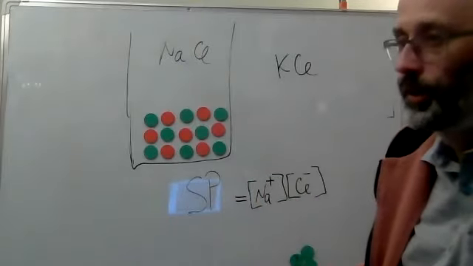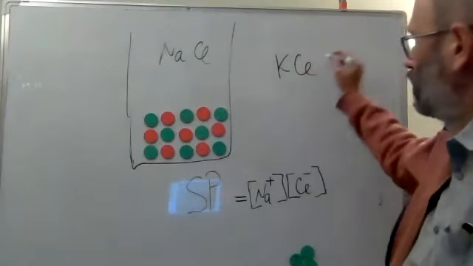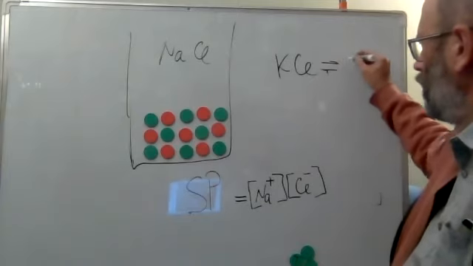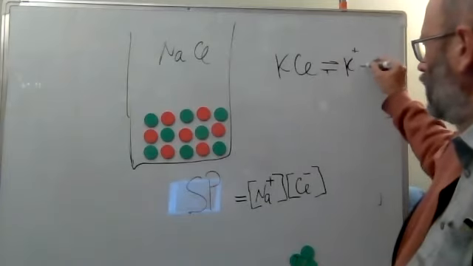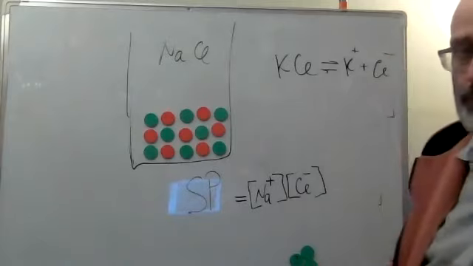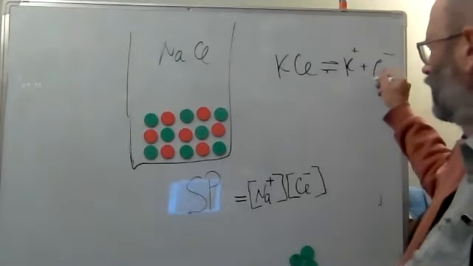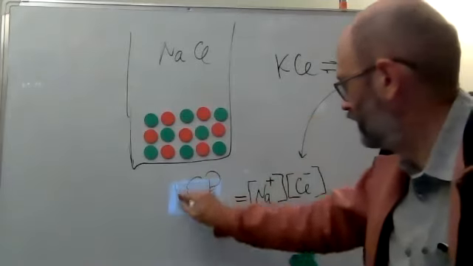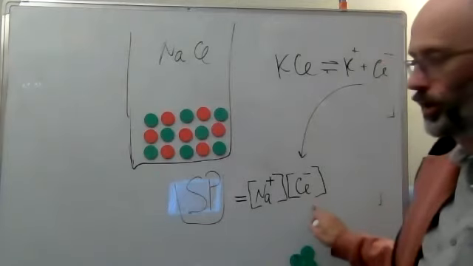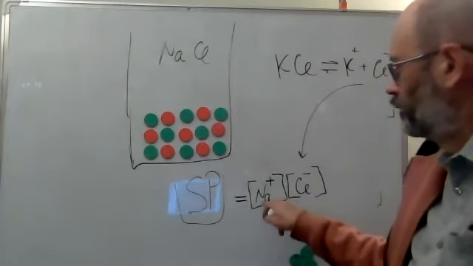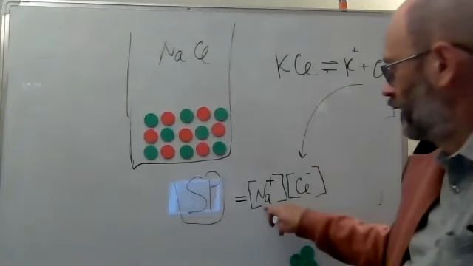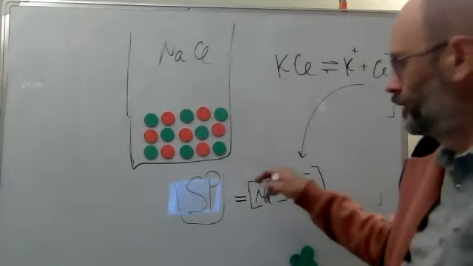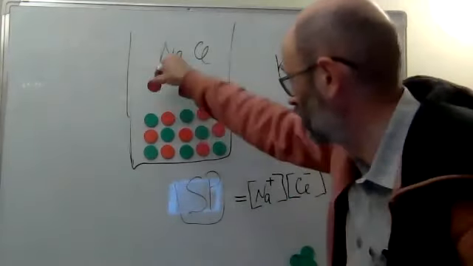There will be some effect, because potassium chloride also dissociates in solution to form potassium ion and chloride ion. That means the concentration of chloride ion goes up, but this product is constant.